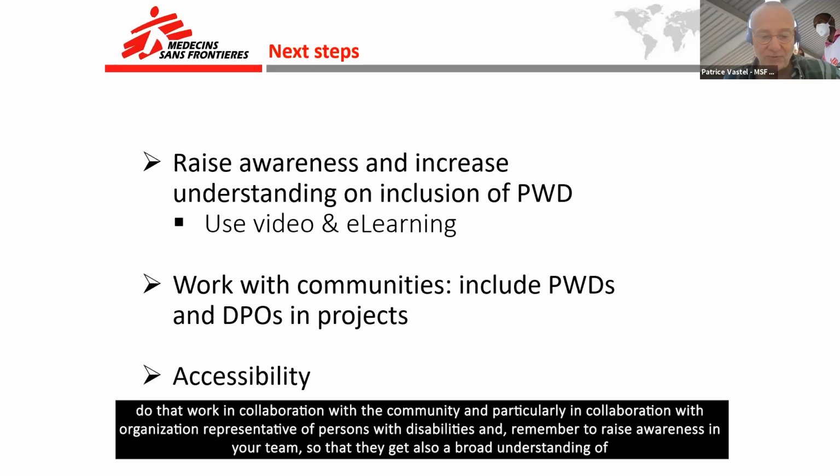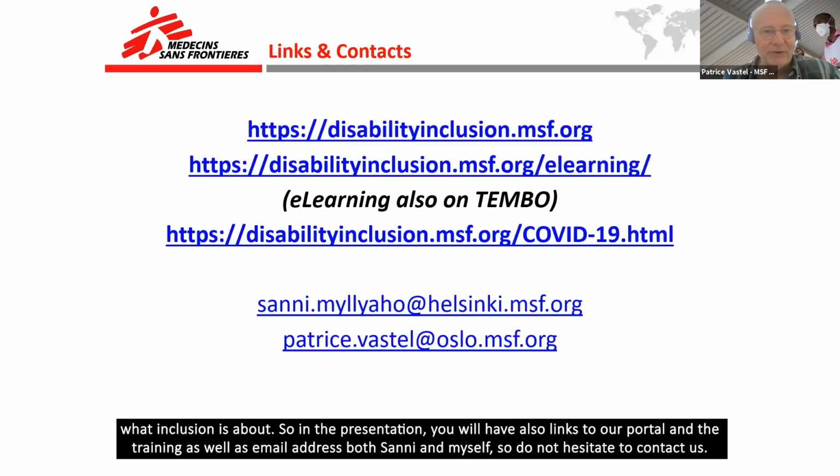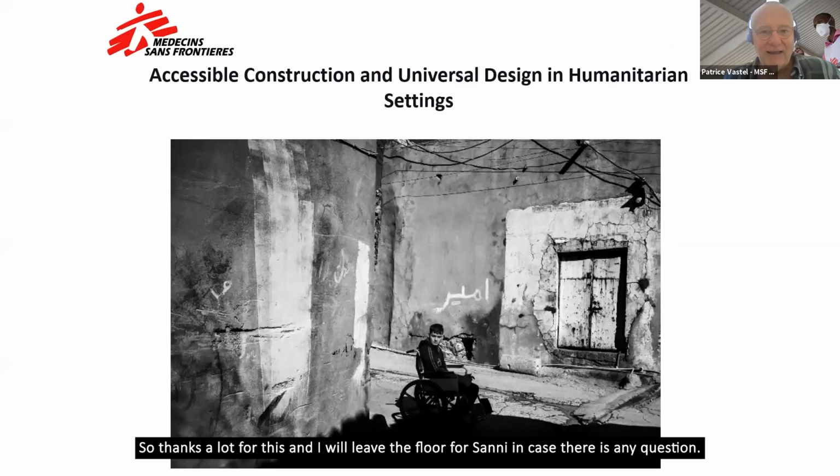And remember to raise awareness in your team so that they also get a broad understanding of what inclusion is about. So voilà, in the presentation, you will have all the links to our portal and e-training, as well as both Sani's and my email address. So do not hesitate to contact us, should you need anything.